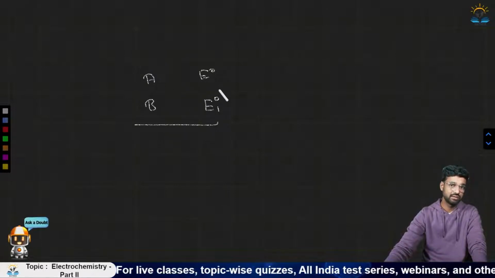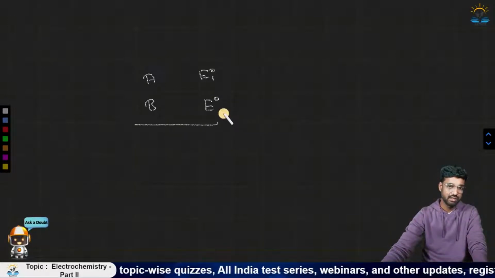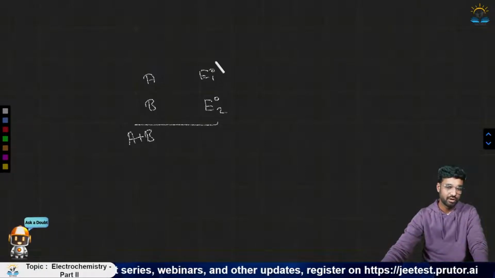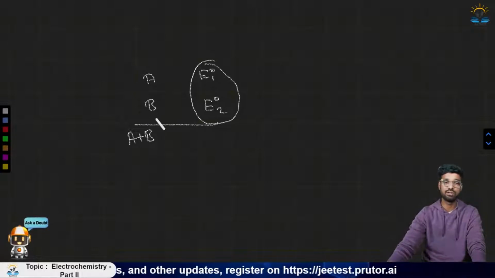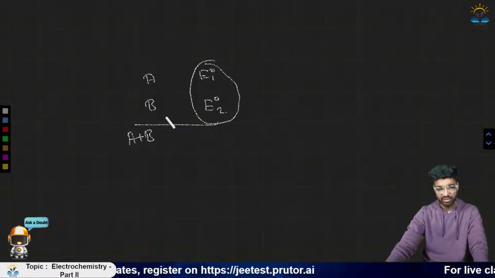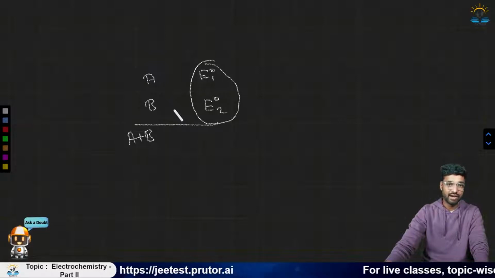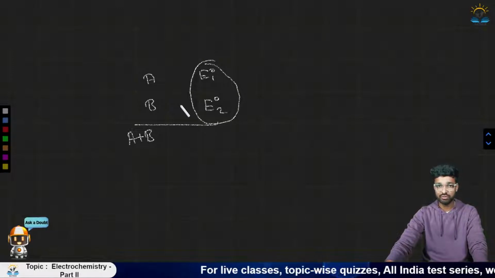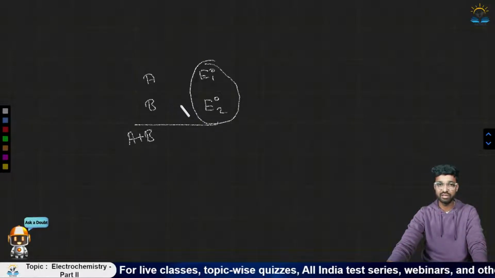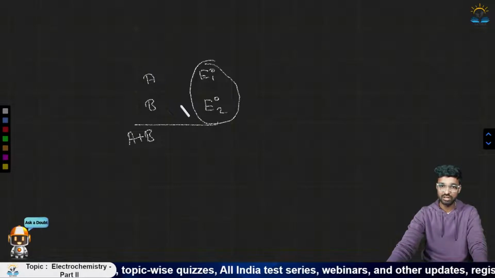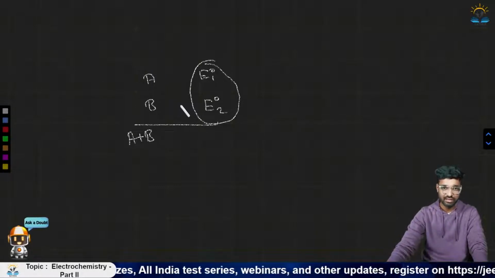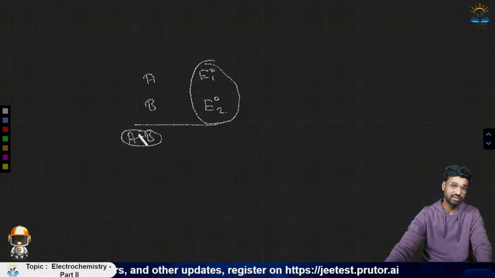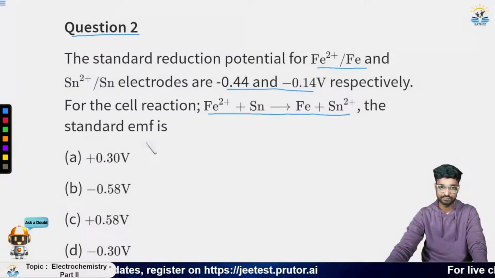Now if you are asked to calculate the cell potential of the reaction A plus B, you will not simply add these two. Why? Because the crucial part of EMF is that you cannot add it, because it is an intensive property. What you have to do is first calculate the delta G or the Gibbs free energy, which is an extensive property as it depends on the number of moles, and then find the delta G for this A plus B, and the value which you will get, you will further use to find the E naught again.